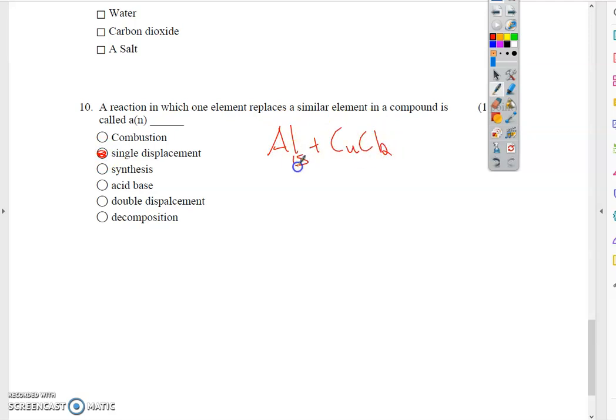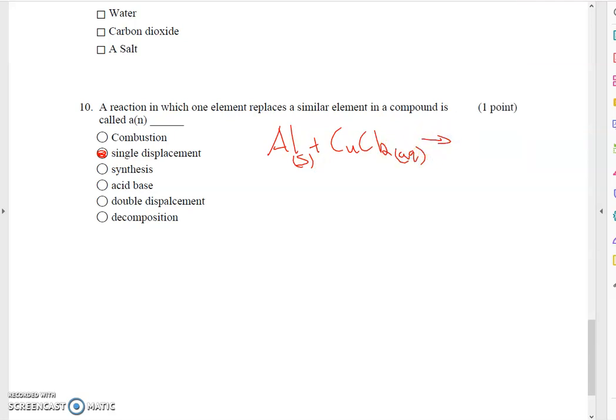Now you did this lab before. The aluminum was solid. The copper(II) chloride was aqueous. The aluminum is reactive enough, so you get aluminum chloride, and that was aqueous when we did the lab, and then you had copper that precipitated out. That's a single displacement reaction. This single element is coming in and taking the place of that other single element. In that case, aluminum is replacing copper.